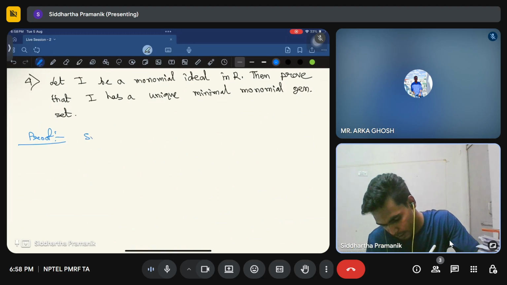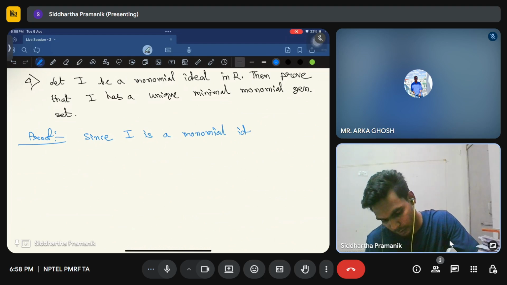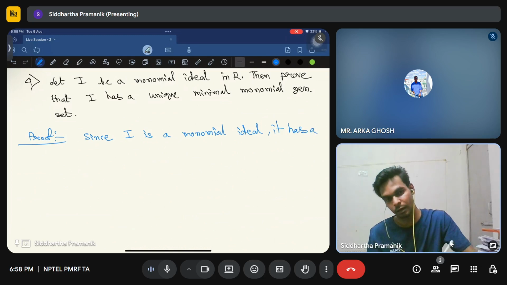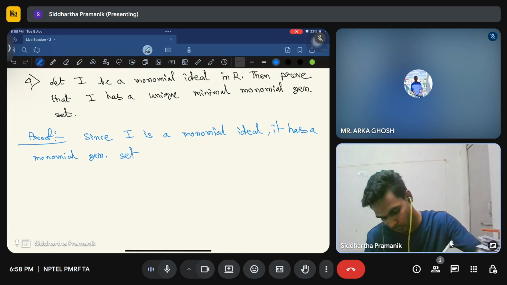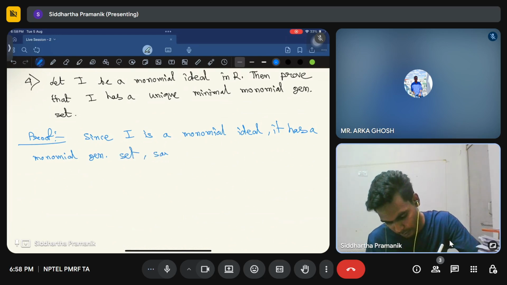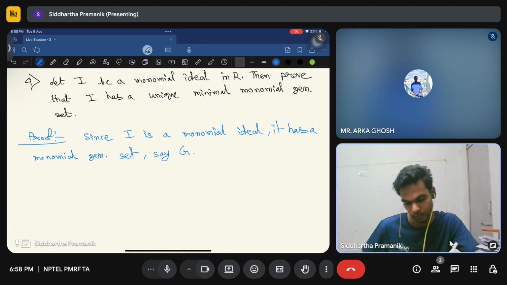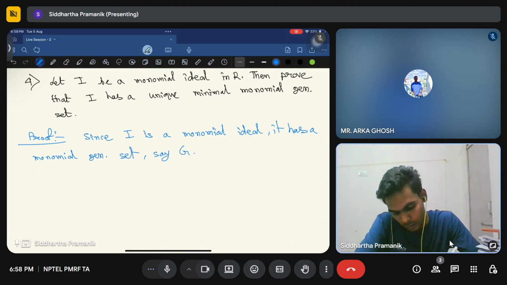So since I is a monomial ideal, it has a monomial generating set. Let's say it is G. Then G is a non-empty set of monomials.